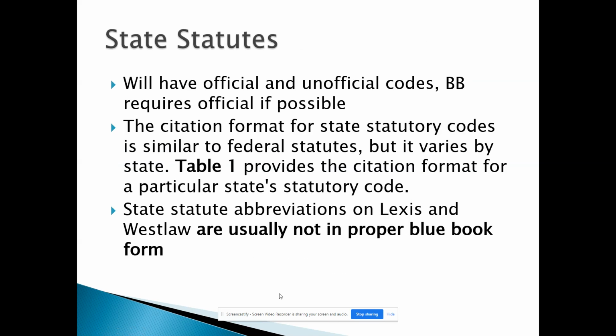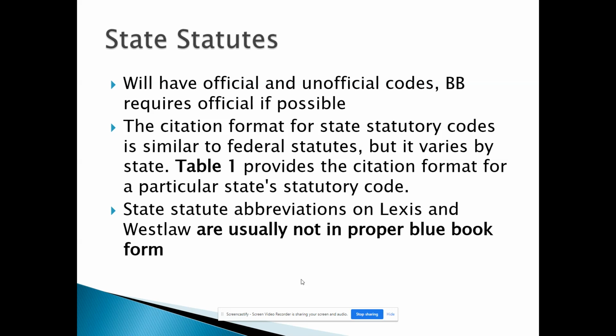State statutes may have official and unofficial code, and in the Bluebook you can do the official code if you have it. If you're looking at it in Lexis, you cite to the Lexis version. If you're looking at it on Westlaw, you cite to the Westlaw version of it. Format might vary from the way it works in a federal statute. Like the numbering is maybe different. You might put the title before, you might put the title afterwards.